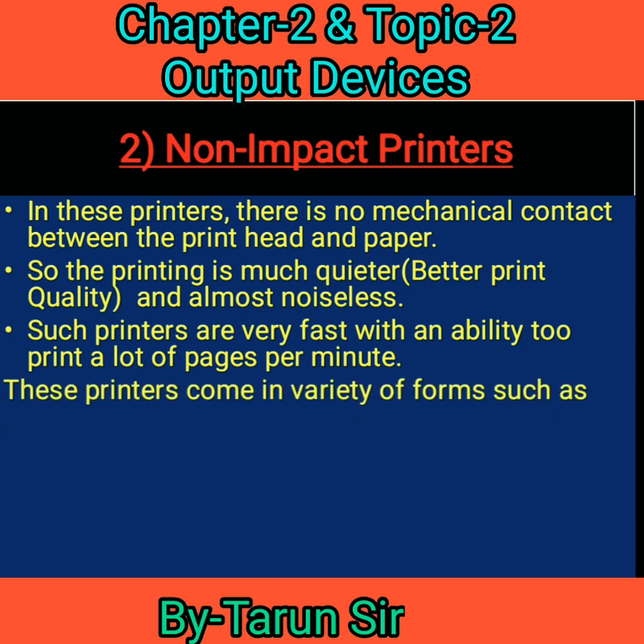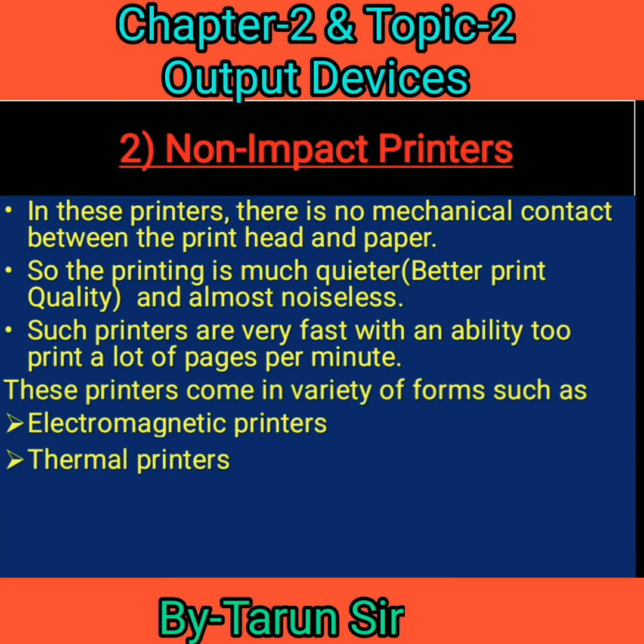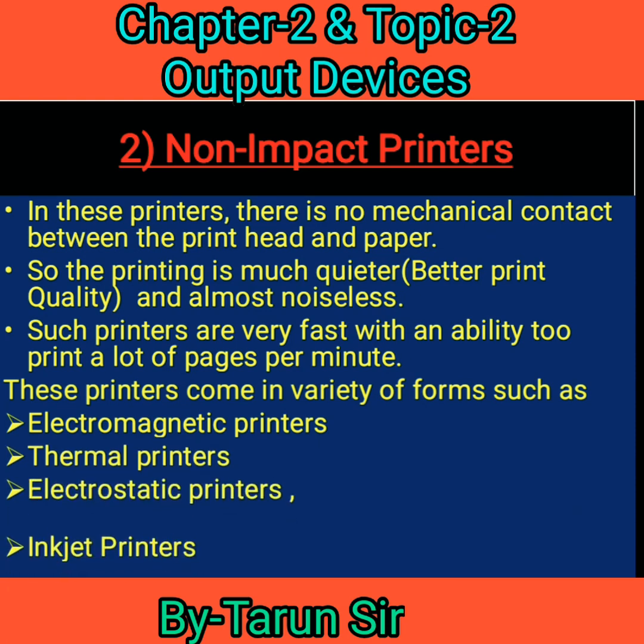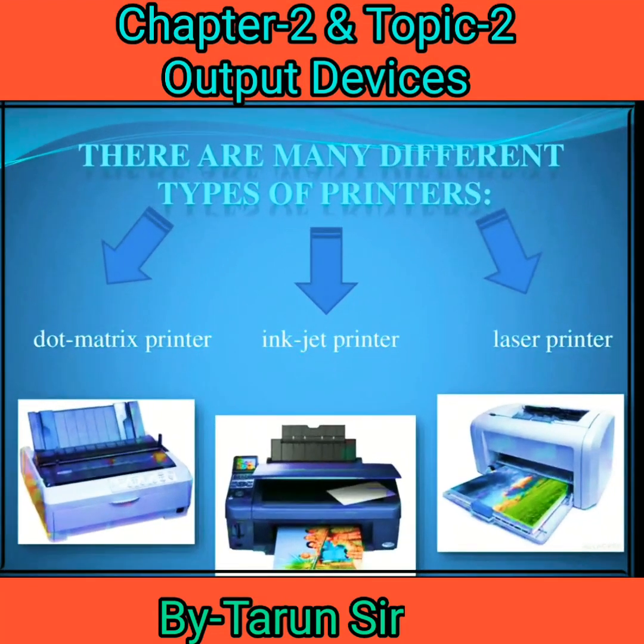These printers come in a variety of forms such as electromagnetic printers, thermal printers, electrostatic printers, inkjet printers, laser printers, and others. In this diagram, we see the different types of printers: dot matrix printer, inkjet printer, and laser printer.